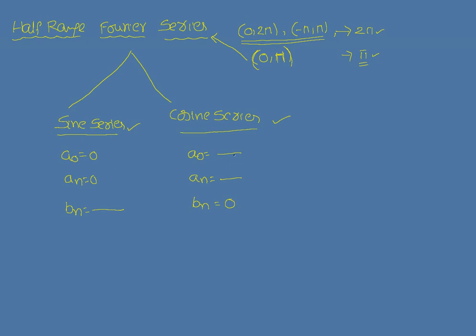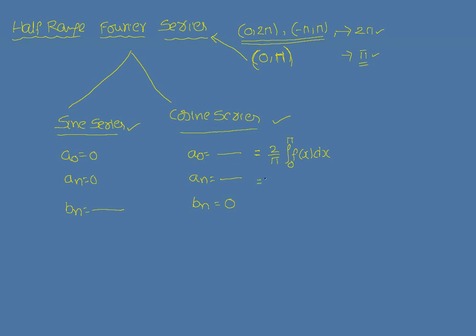What is the formula for a naught for the cosine series? It is only a simple change in the previous formula that you have learned. There you came across a naught is equal to 1 by pi into something. Here you have to write 2 by pi into integral 0 to pi f of x dx.